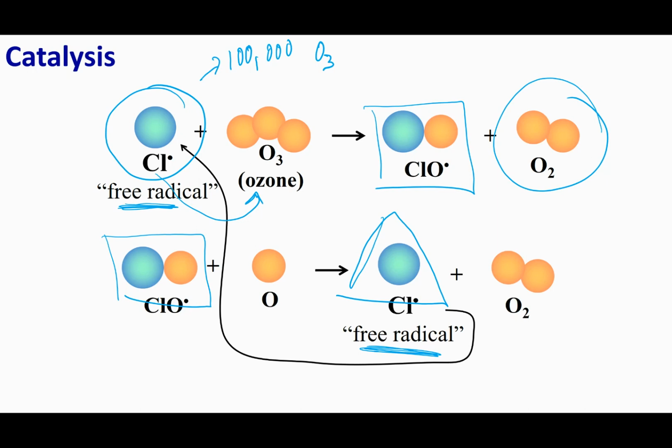And so this was the problem that the world was facing, that we were slowly depleting our ozone layer by using these gases in our refrigerants, our air conditioners, and our propellants. And so this spawned what's called the Montreal Protocol.